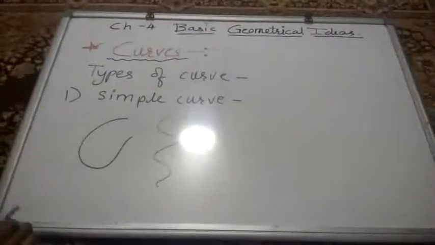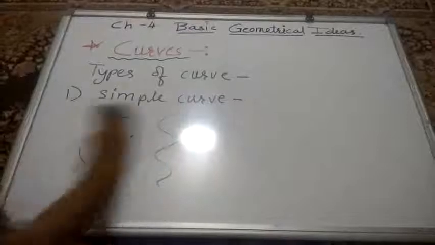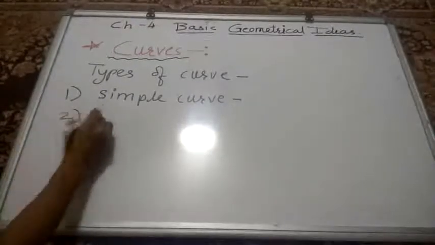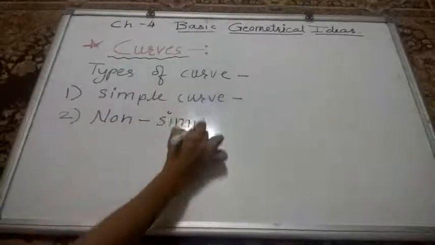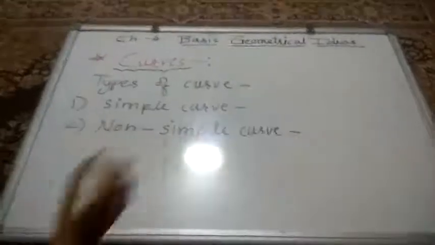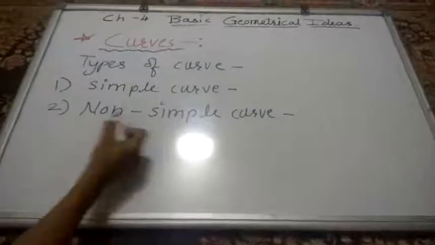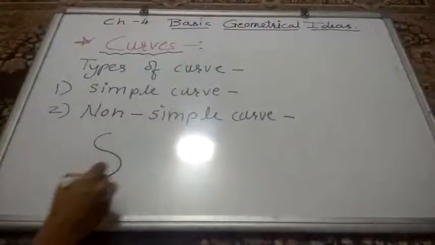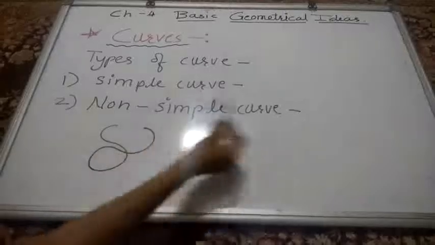Now let's see what a non-simple curve is. Non-simple curve. A curve that crosses itself is known as a non-simple curve. जो कर्व खुद को क्रॉस करता है, they are known as non-simple curve.